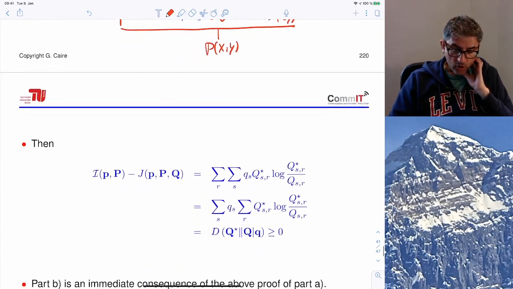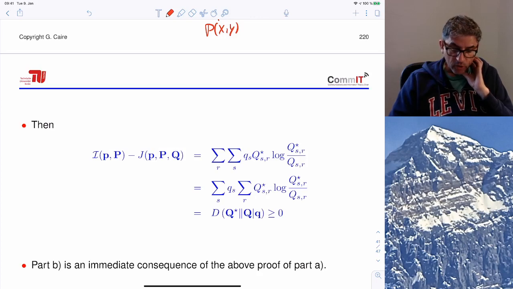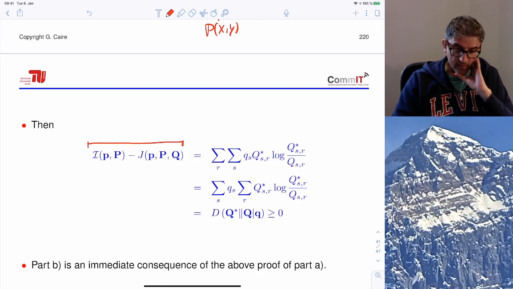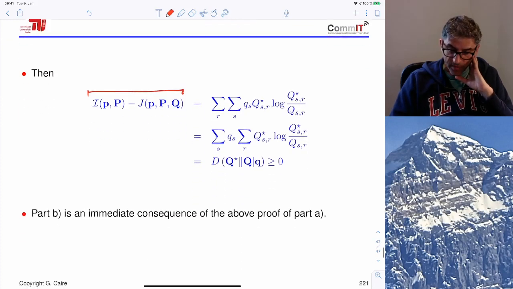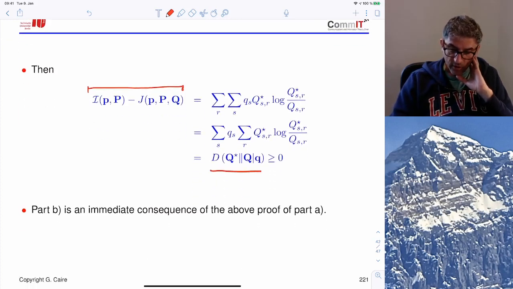So we have to show that for any other choice of Q that is not Q star, we get something that is less. So we take this difference, right? And replacing the explicit expression, we find that this difference can be written in this form, which can be written at the end as a conditional divergence, because this is the divergence between the conditional distribution for given S, and then you are averaging with respect to S, which is the y variable, and therefore it is non-negative.